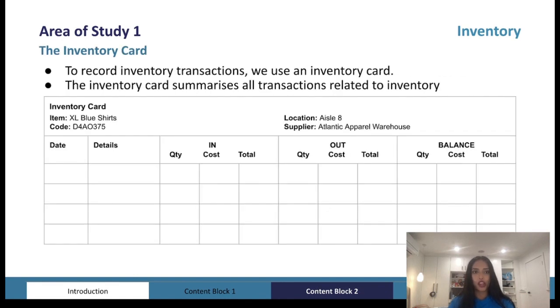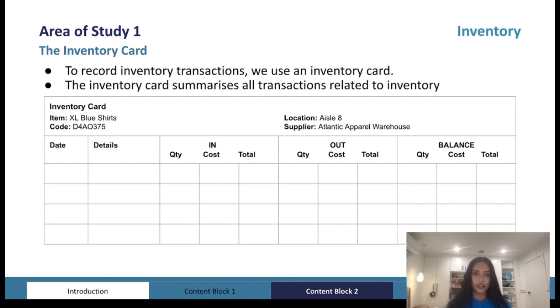Okay, so for transactions that involve inventory, we use what's called an inventory card. This is what an inventory card looks like. At the top of the inventory card is the information about the specific inventory that the card is talking about. You can see the item name, which is extra large blue shirts, the item code, which is D4A0375, and the item location within the store, which is aisle 8.